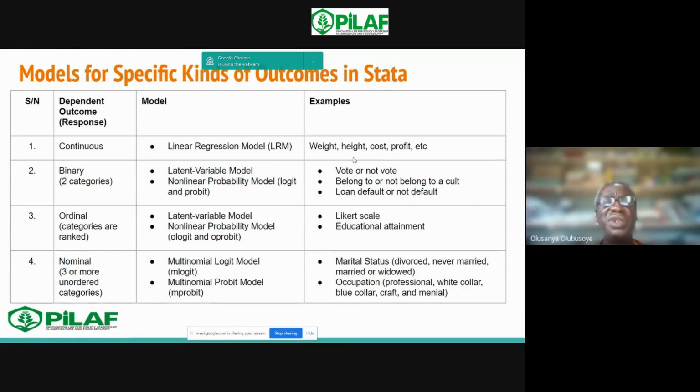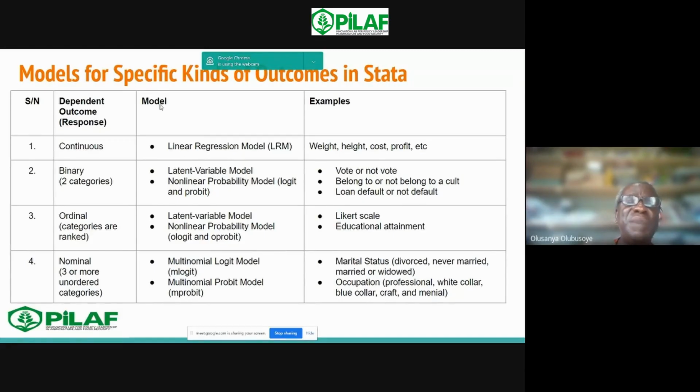As usual, occasionally I will allow people to quickly interject and react. So, models for specific kinds of outcomes in STATA. These outcomes are the dependent variable. They are the variables on the left-hand side of your model. Those variables, if they are measured, are continuous, and we discussed this in the last 2 weeks.